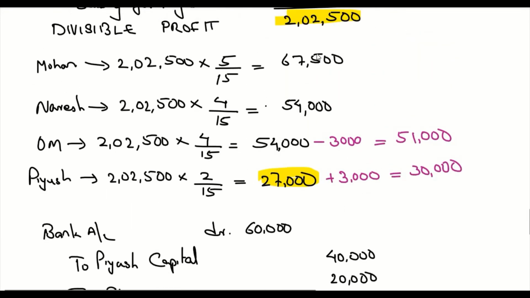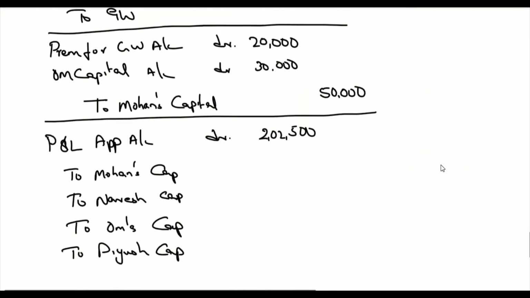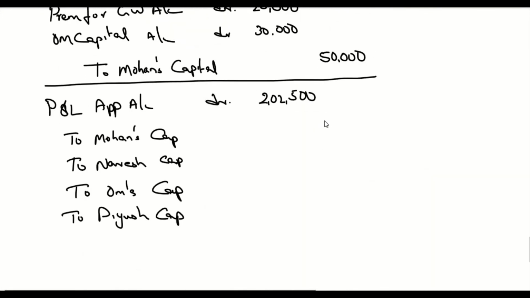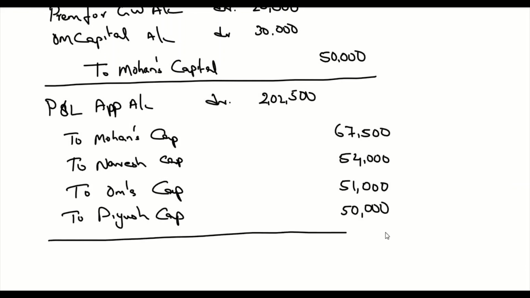Now the amounts we already found: 67,500, 54,000, 51,000 and 30,000. So we completed question number 36.